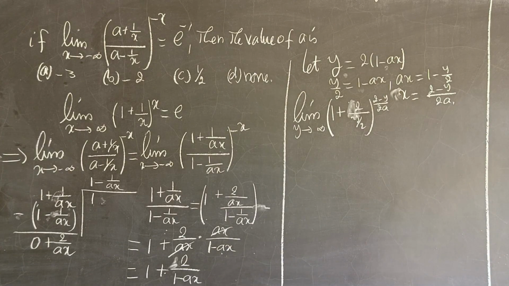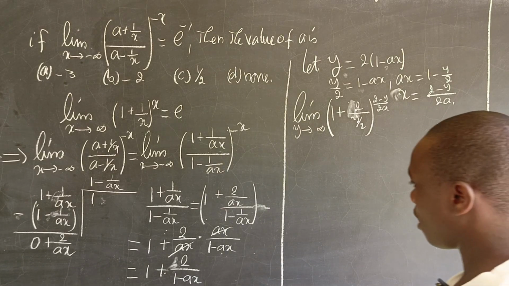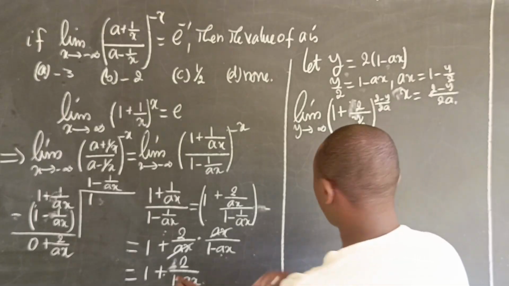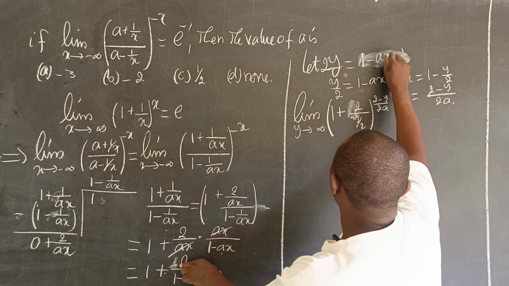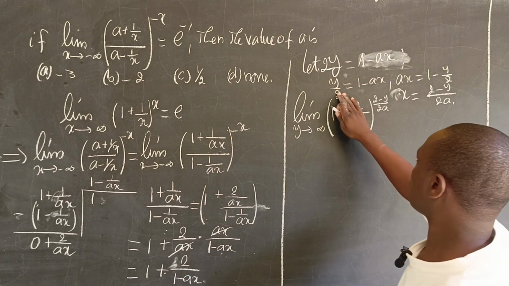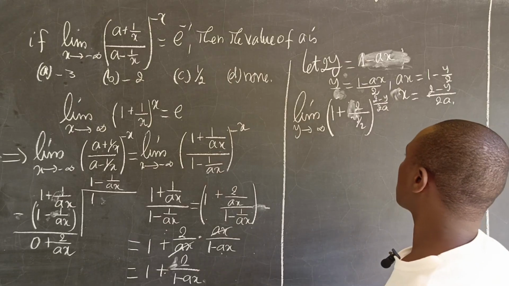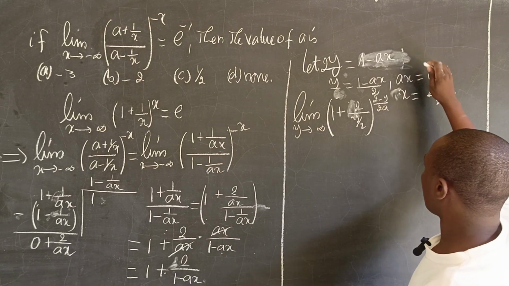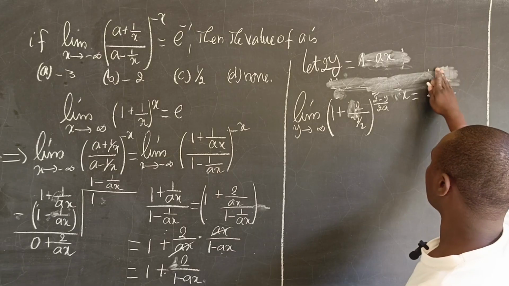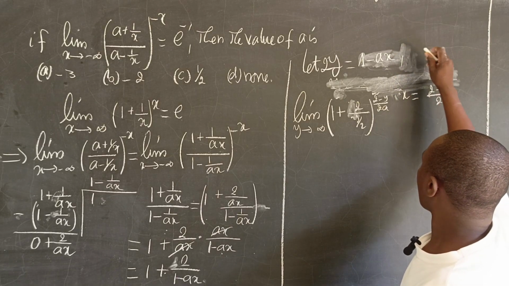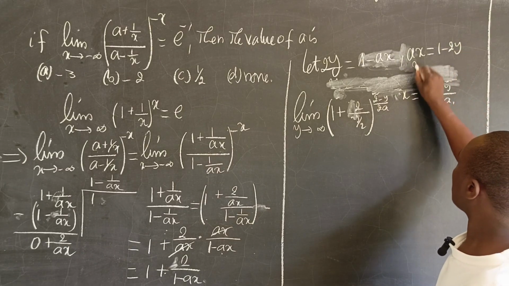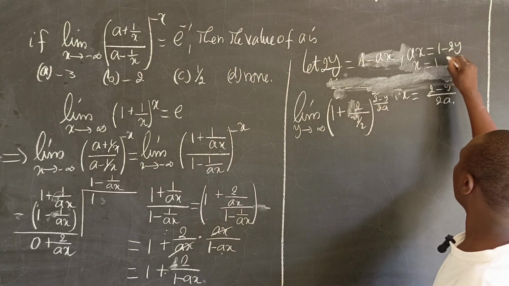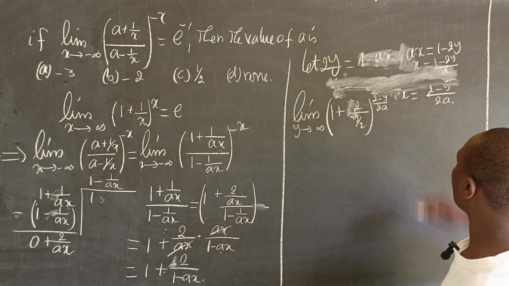What is this value? Okay, in substitution, I would let this be 2y, I'm sorry. Let 2y be 1 minus ax, so y will be this over 2, and here ax has to be 1 minus 2y. x is equal to (1 minus 2y) over a.